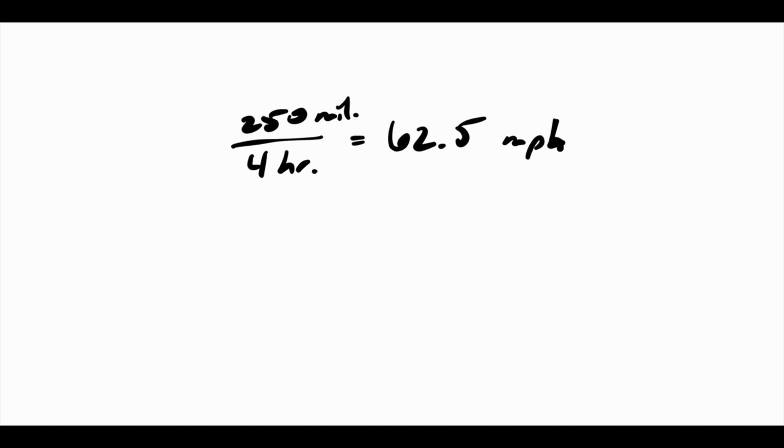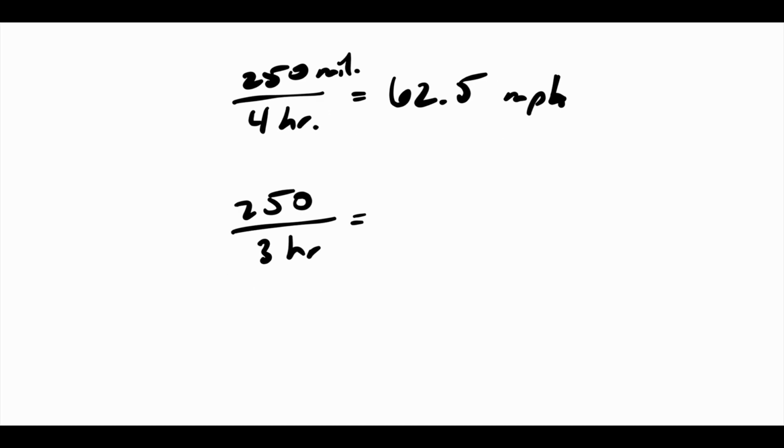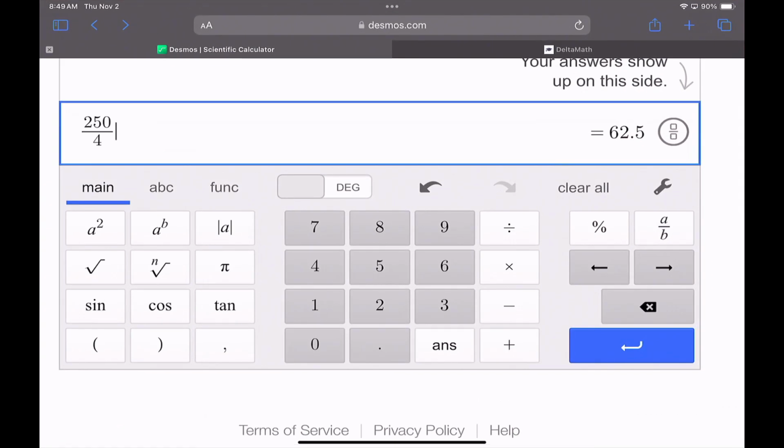Let's say someone else drove a week before, the same 250, but they got there in 3 hours. What was their rate of change? Divided by 3 now. 83.3.